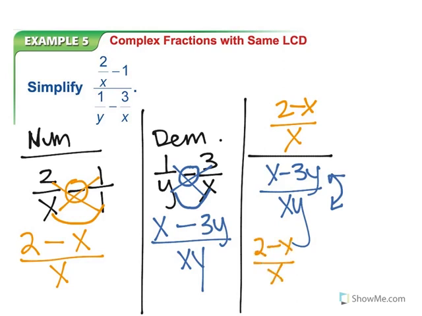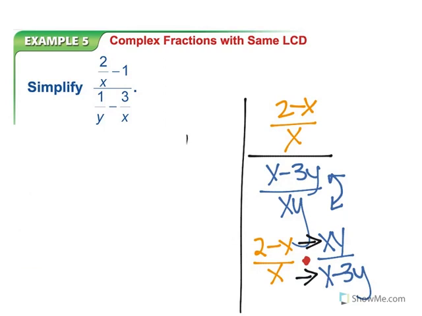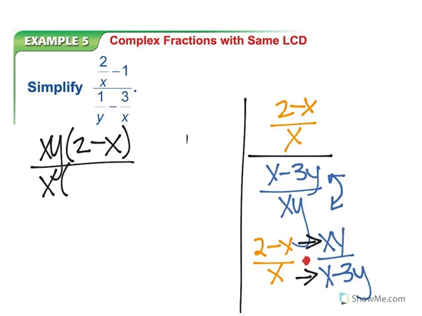So we get 2 minus x divided by x times, if I flip my second fraction, I now get xy on top, divided by x minus 3y. When I'm multiplying fractions, I'm going to multiply straight across. So when I multiply straight across, I get x times y times 2 minus x divided by x times x minus 3y.